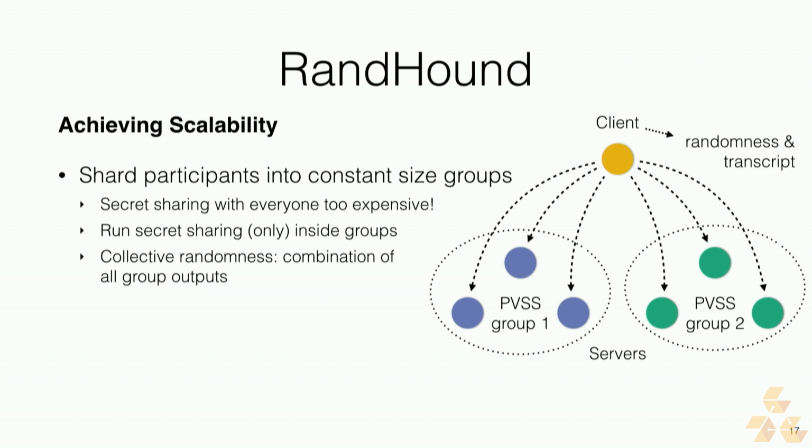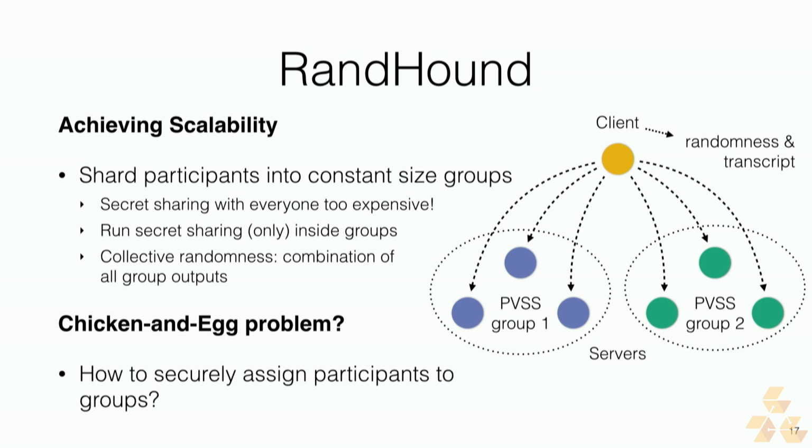And it will result in an unacceptable computation and communication complexity. And therefore, we group the servers together in PVSS groups, and only do the sharing within the PVSS groups. And then we basically combine the outputs of every group to create the final output of the randomness protocol.